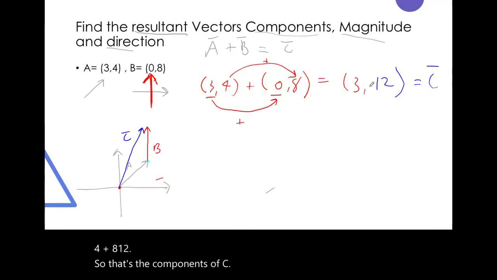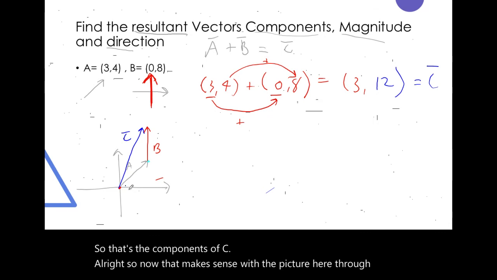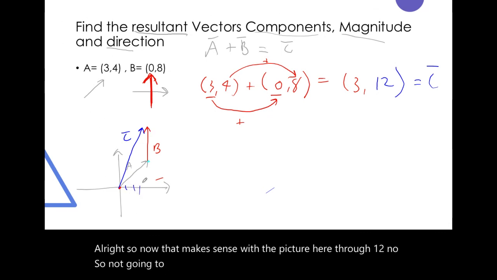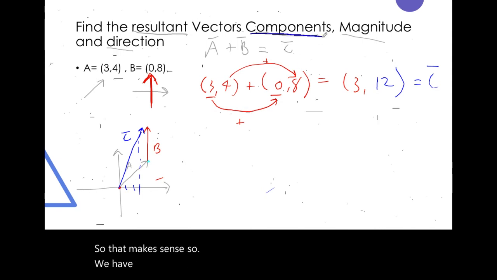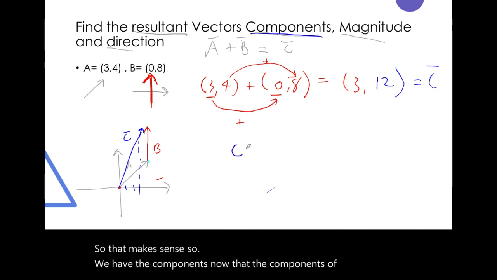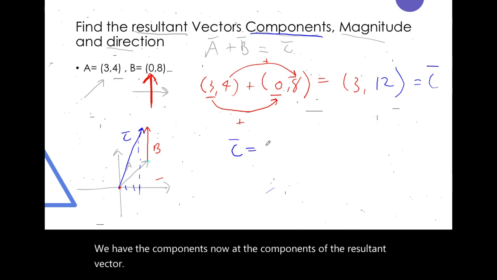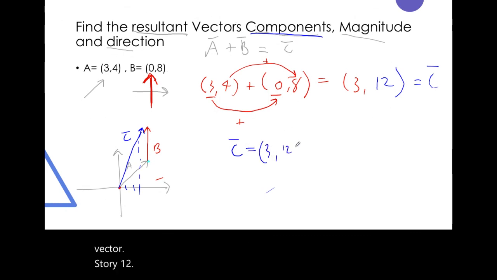All right, and now that makes sense with the picture here. (3, 12). So 1, 2, 3, then it goes 12 all the way up there. So we have the components of the resultant vector. It's (3, 12). Now let's solve for the magnitude.